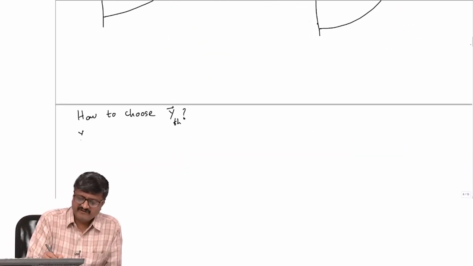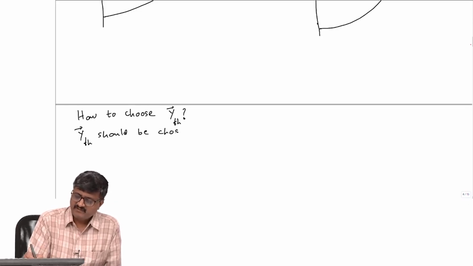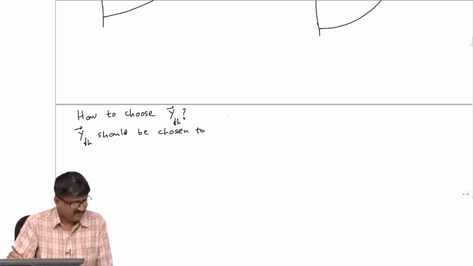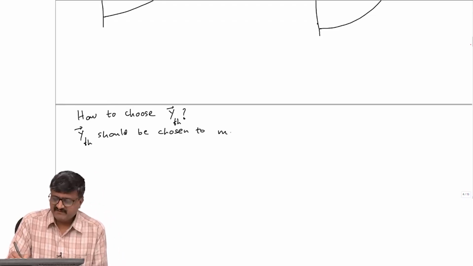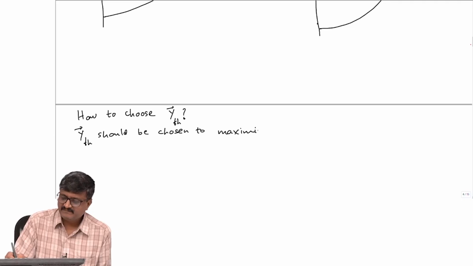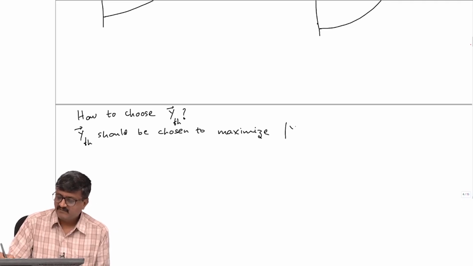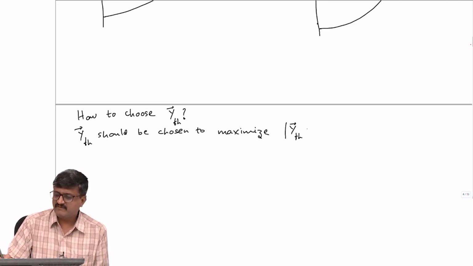So, y of h should be chosen to maximize the absolute value of y of h plus y n h.